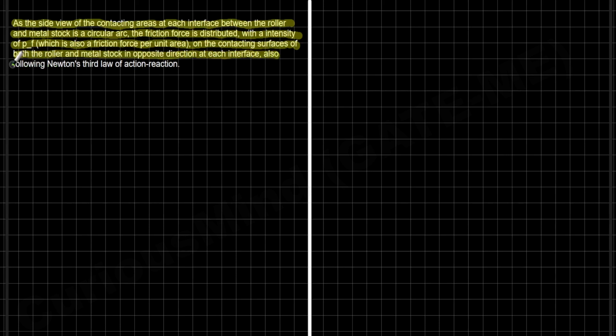Also, following Newton's third law of action-reaction, the contacting surface area of the upper roller exerts friction force on the contacting surface area of the metal stock along their interface.